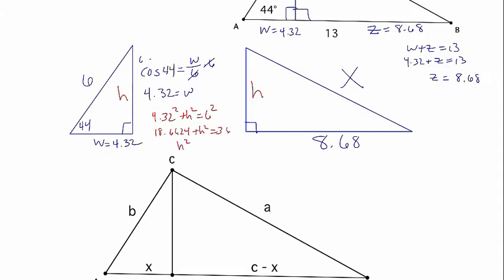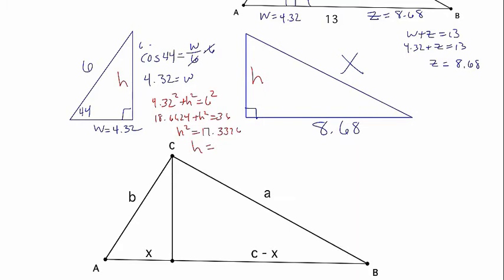So the height squared is going to equal 36 minus the 18.6624, which is 17.3376. And then I can square root and say that h is equal to 4.16.